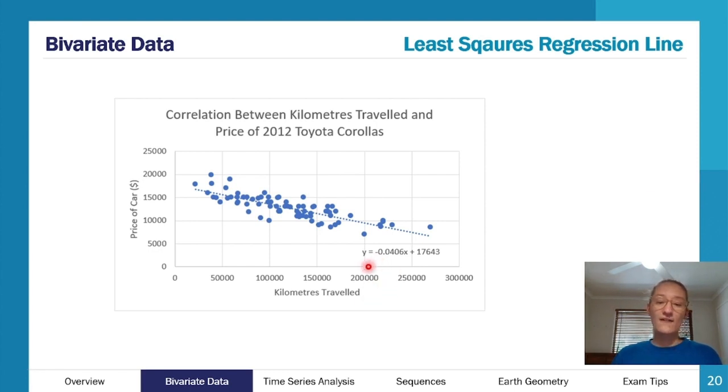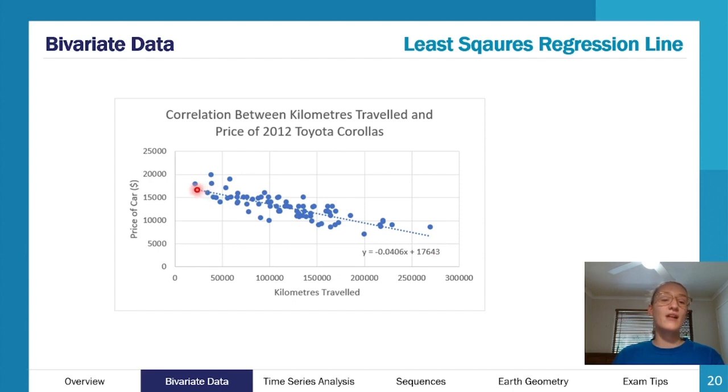You can see that I've got y, my response variable, which here is the price of the car. So here I'm saying the price of the car is equal to negative 0.0406 multiplied by the kilometers traveled plus 17,643.